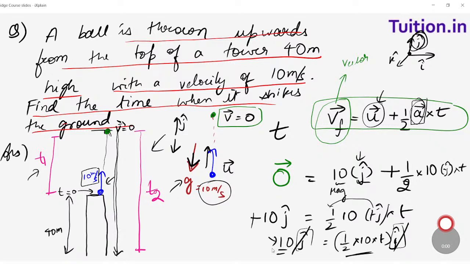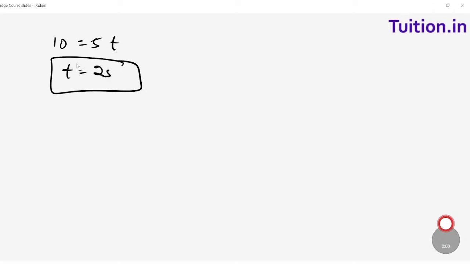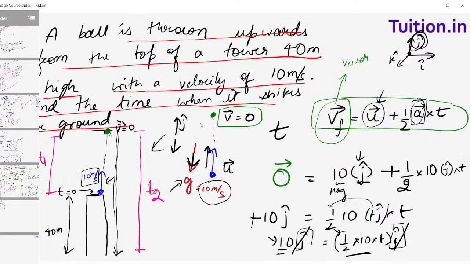So I can just equate 10 with half 10t. So 10 equal to 5t, t equal to 2 seconds. Awesome. So the object takes 2 seconds to go up.